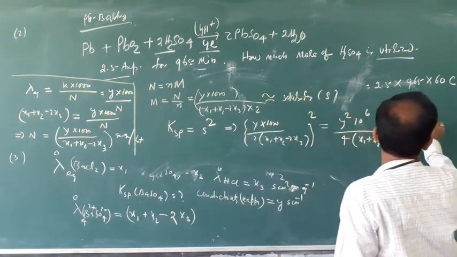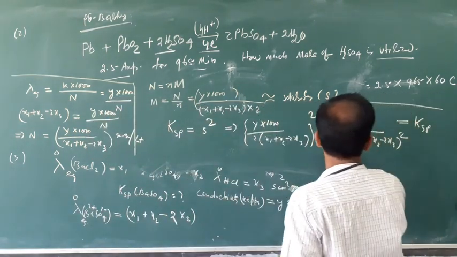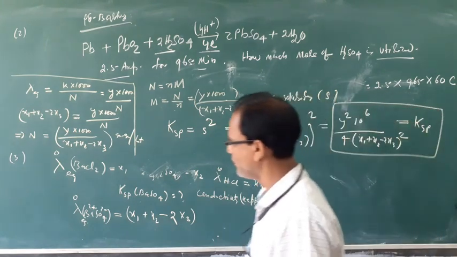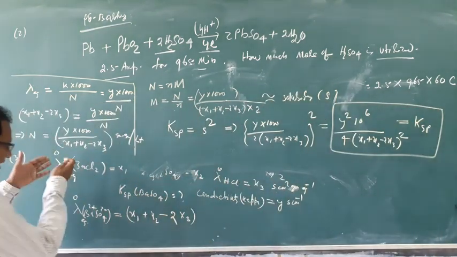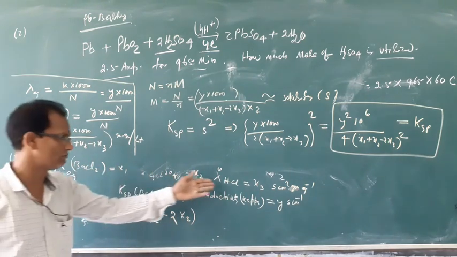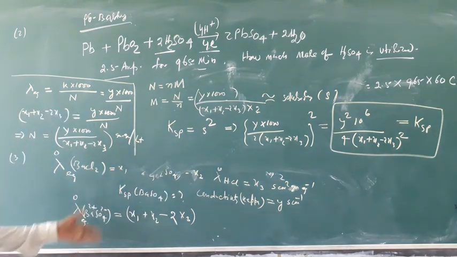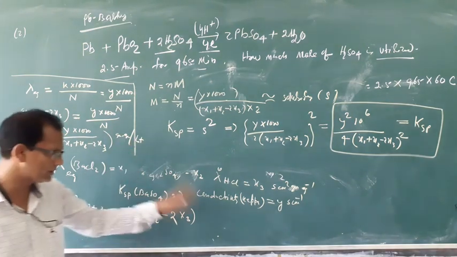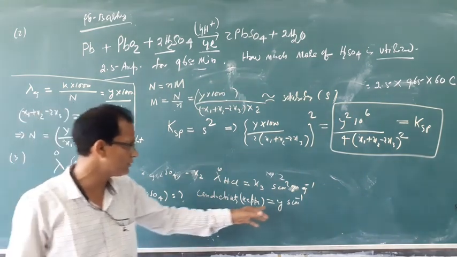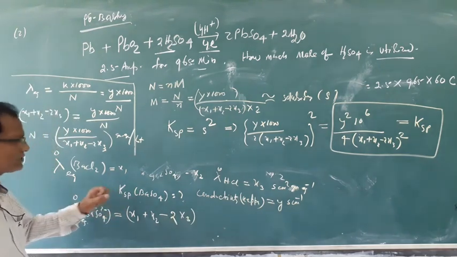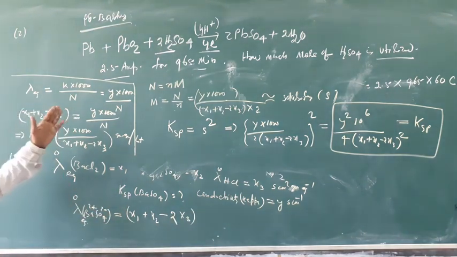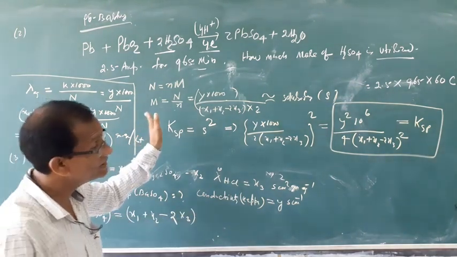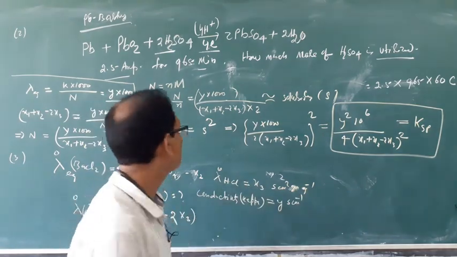The question was: lambda equivalent of all electrolytes given, if the conductivity of barium sulfate is Y, then calculate the solubility product. We calculate it stepwise in this way.